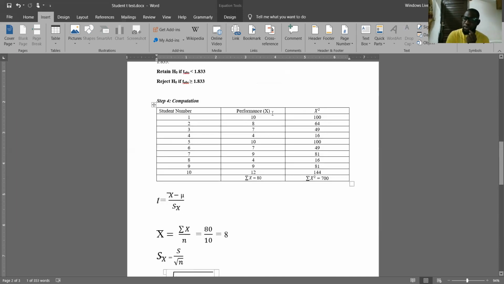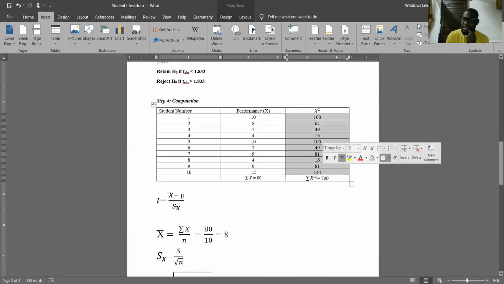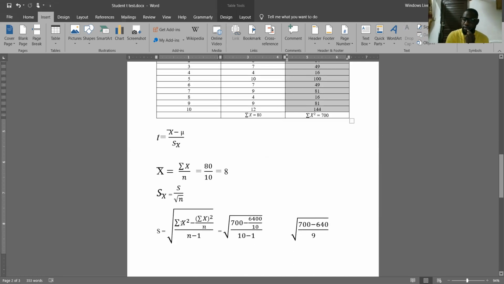You need to square all the X values, and that's what we've done here. Afterwards, you add the squared values, which will give you 700. Then sigma X in brackets, all squared.